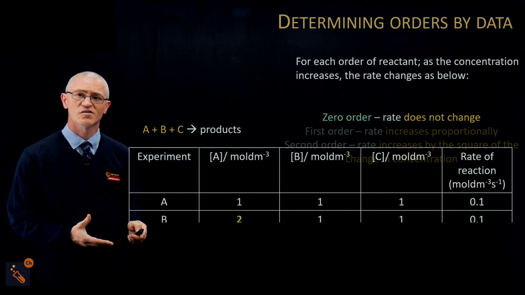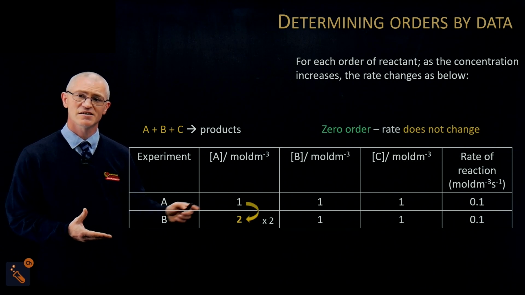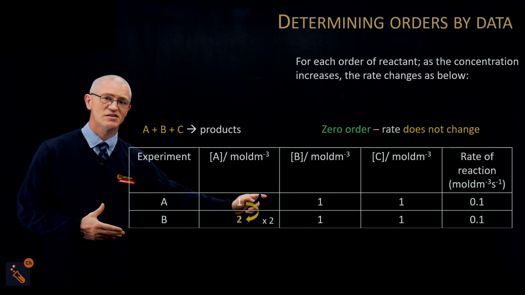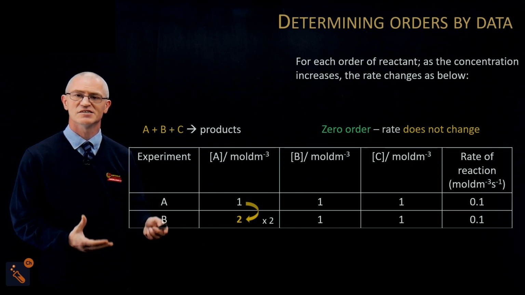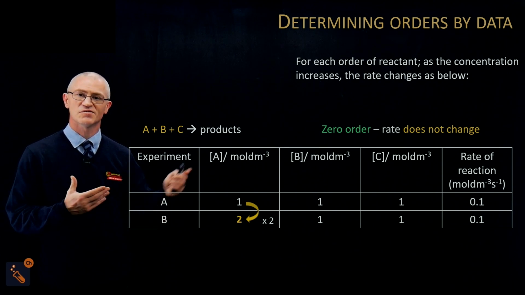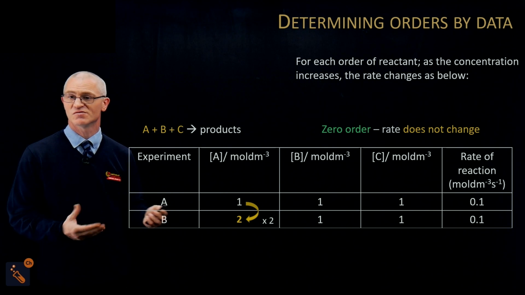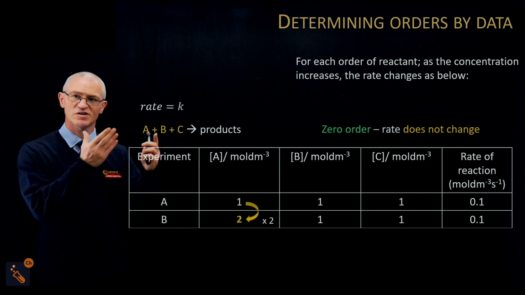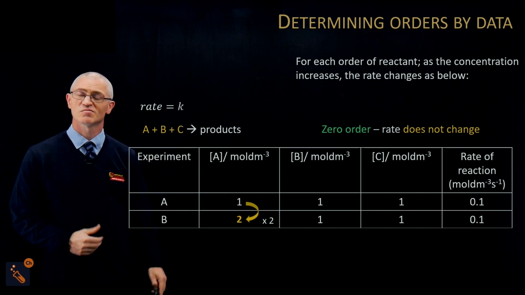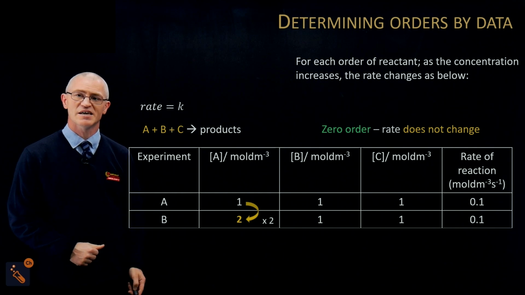I'm going to start off with reactant A. We've timesed it by 2, and as you can see, the rate has not changed. It's stayed at 0.1. So that must be a zero order reactant because the rate has not changed. That means our rate equation is going to be rate equals K, because I'm not including A in my rate equation.